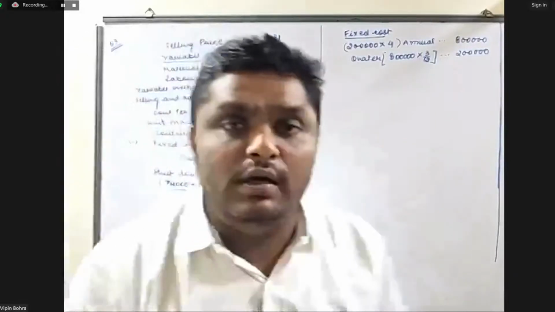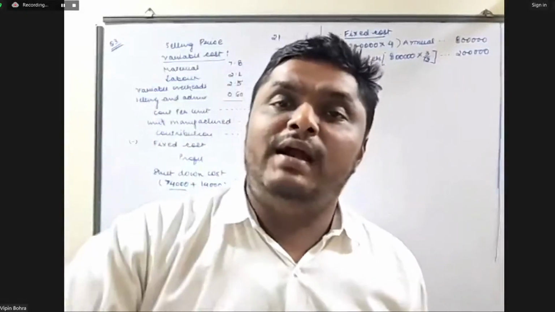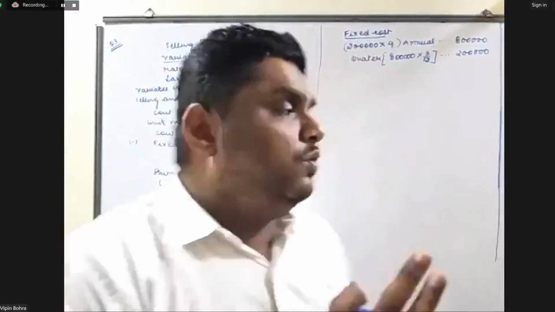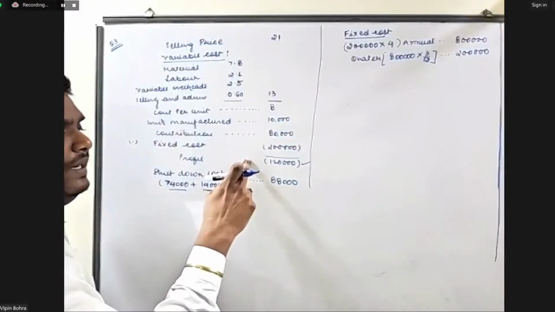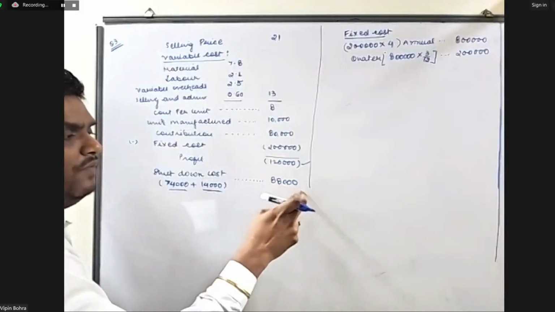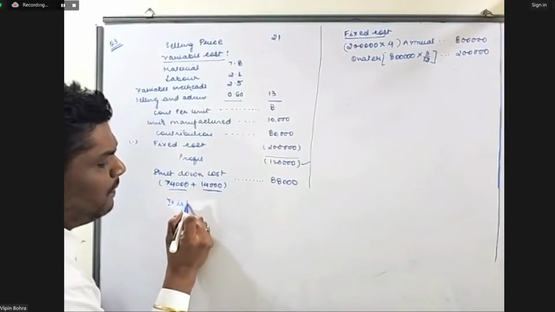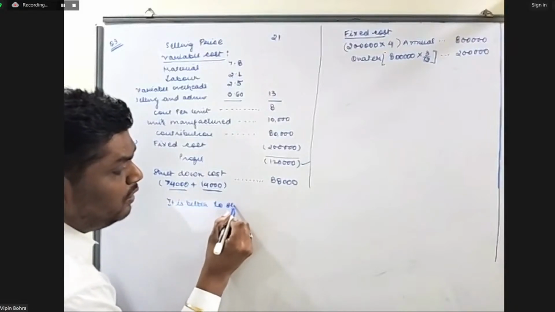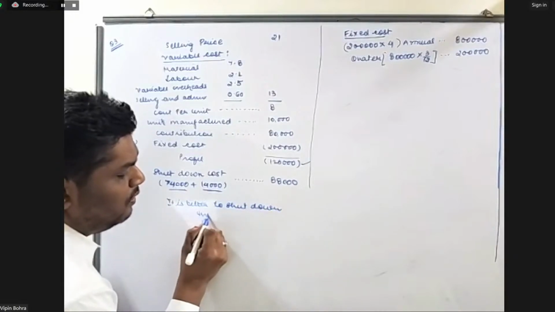So if we shut down the plant, how much is our loss? 88,000. If we continue with the operation, then our loss is 1,20,000. So what do you suggest, guys? Very simple, guys. If we continue, there is a loss of 1,20,000, and if we shut down, there is a loss of 88,000. So it is better to shut down the plant.